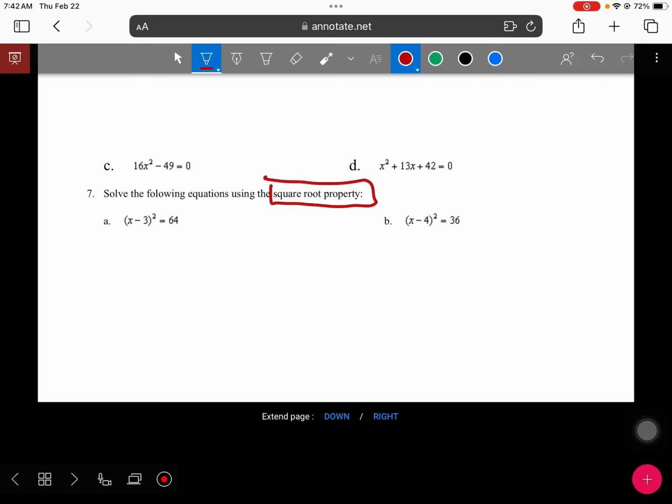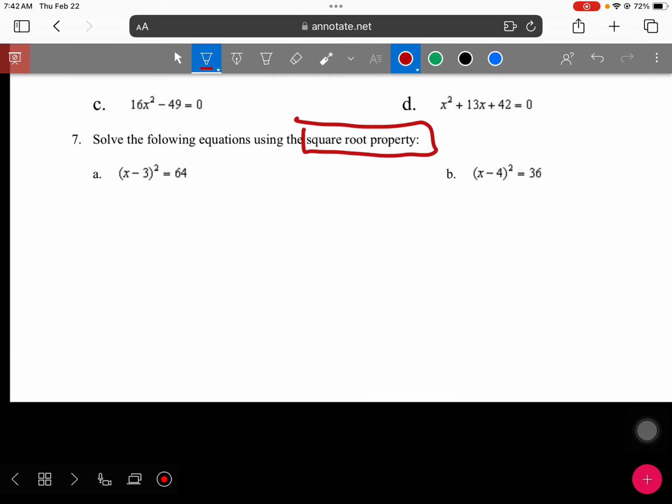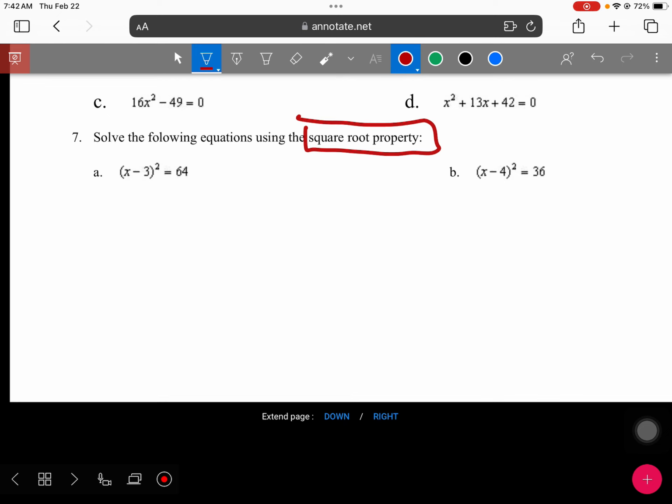Well, when you have a quantity squared, like x minus 3, that quantity squared equals 64, and you realize that 64 is a perfect square, you take the square root of both sides. When you take the square root of something that is squared, that part becomes singular, and it's just x minus 3 equals.